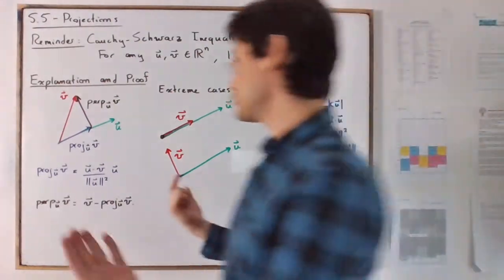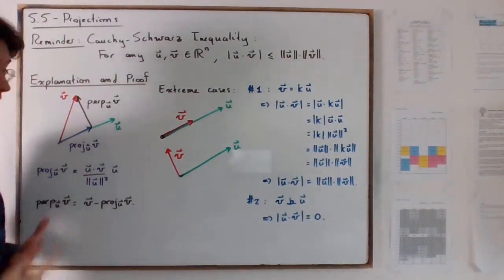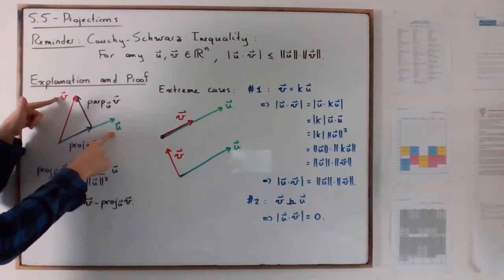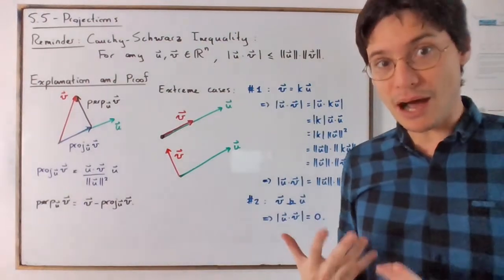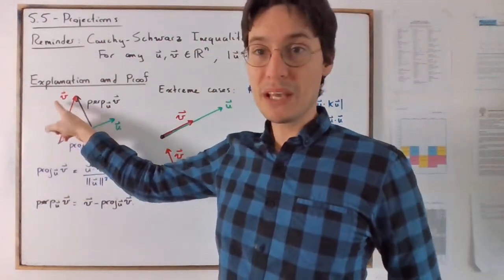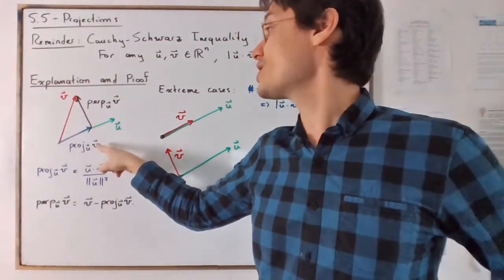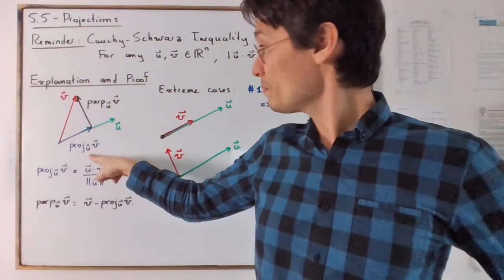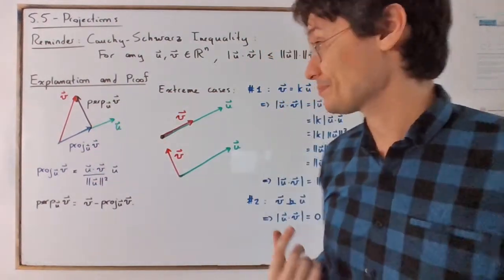You have two vectors, u and v, so focus on the green and the red vectors over here. Regardless of what they are, we saw that we can always decompose the vector v into a component that is parallel to u, the projection of v on u, plus a component that is perpendicular to u.